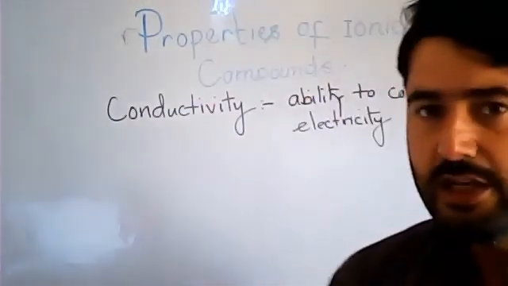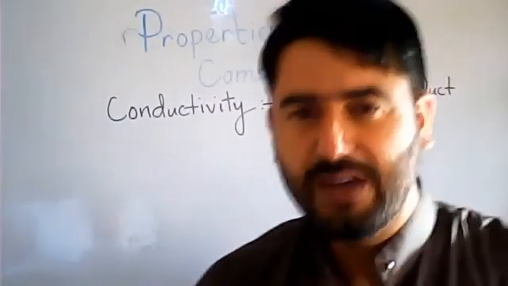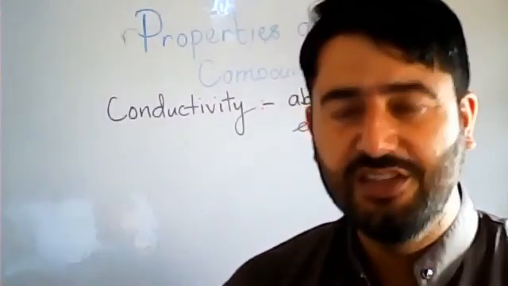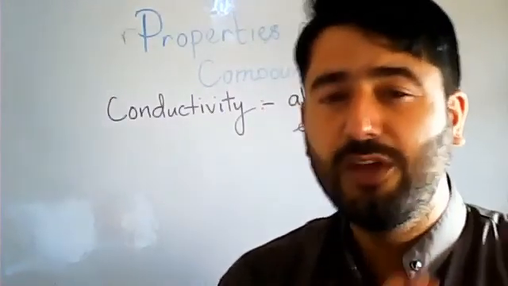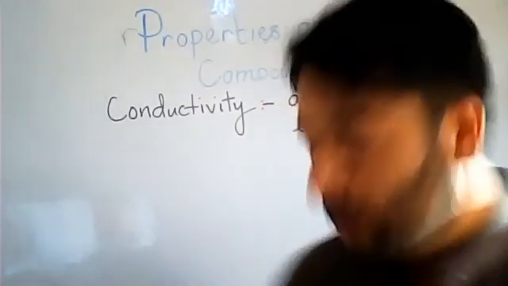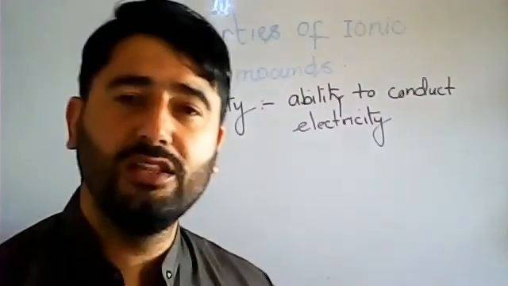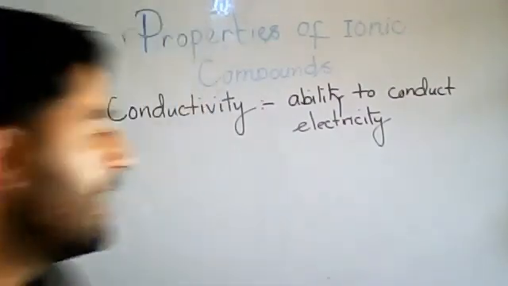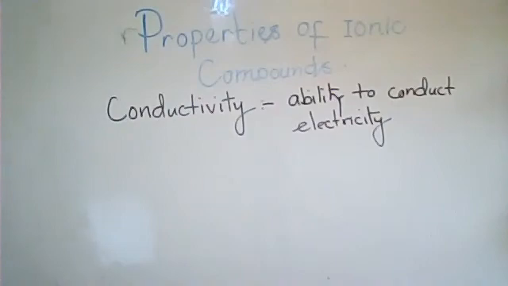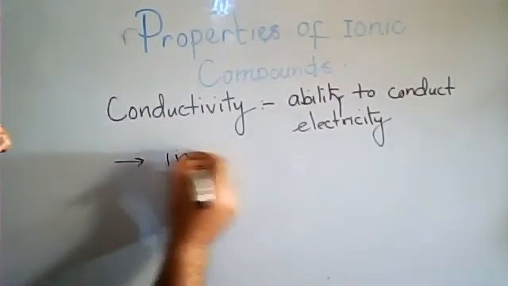In the melted state, the force of attraction between the ions is decreasing. Means the ions are free. They can freely move. When we make a solution, they can freely move. Now, in this state, that is in the solution state or in the molten state, their ions are free. They can conduct electricity. So we can write in solution form.